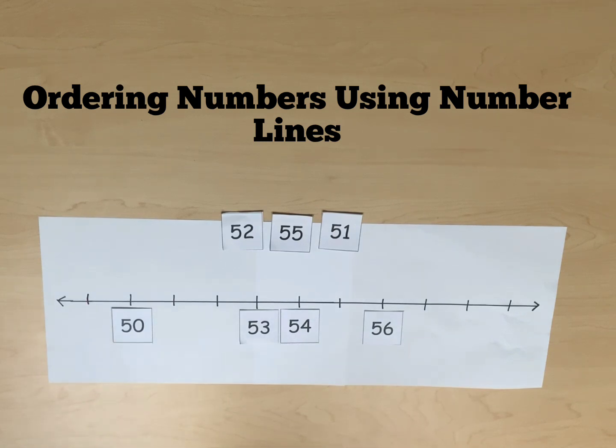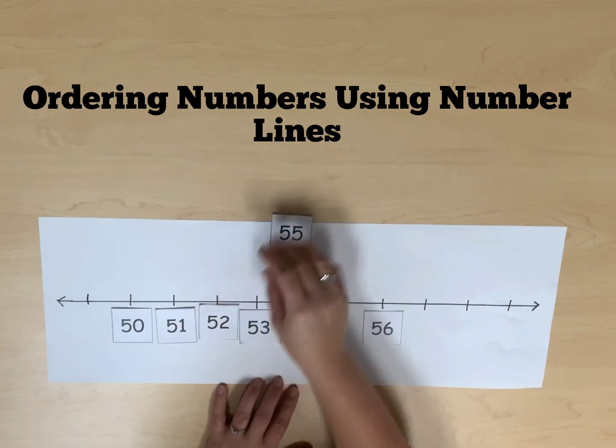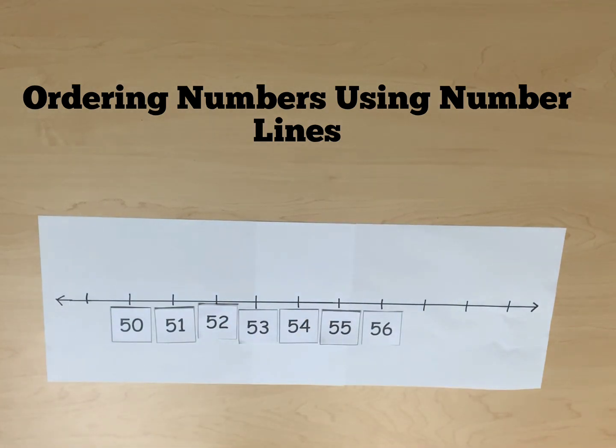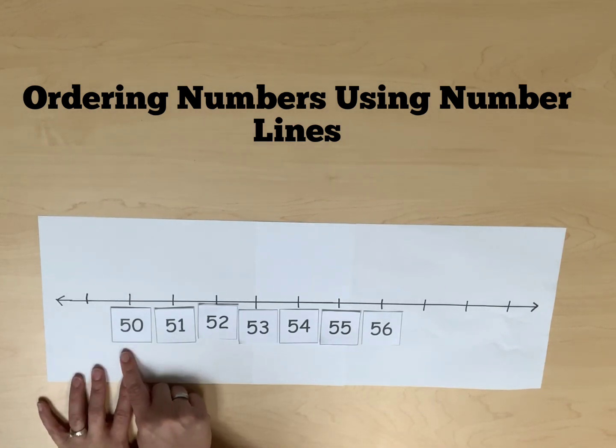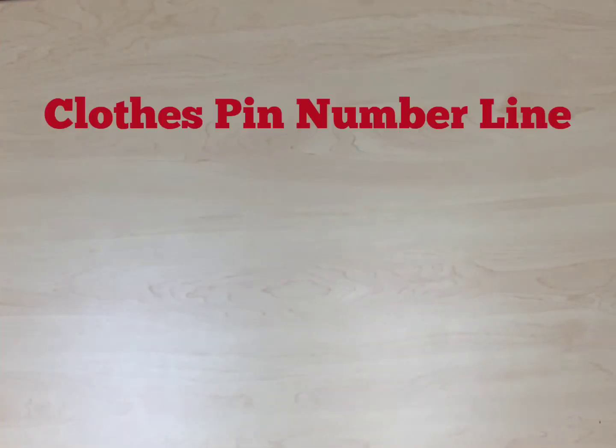Discuss their suggestions and then model the solution as shown. Ask students what they notice, again leading them to realize the numbers are in order from least to greatest. Model several more examples of ordering numbers on a number line from least to greatest and greatest to least.